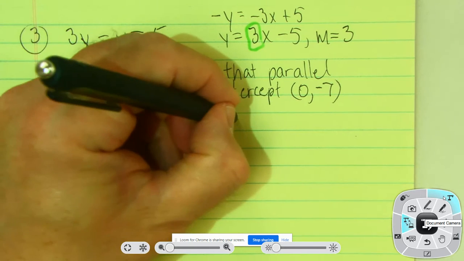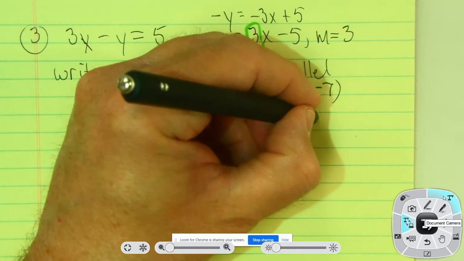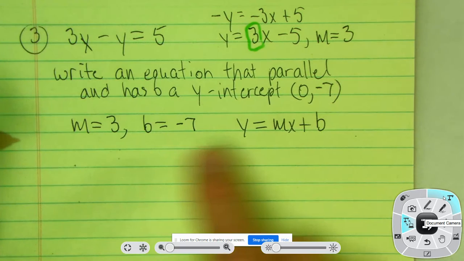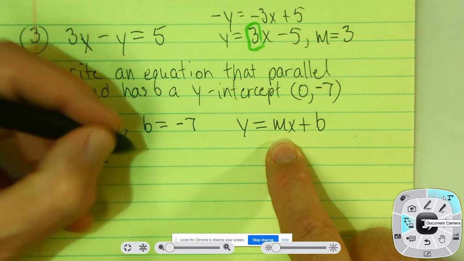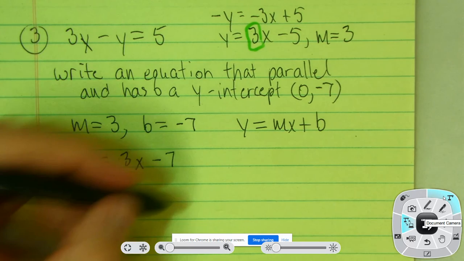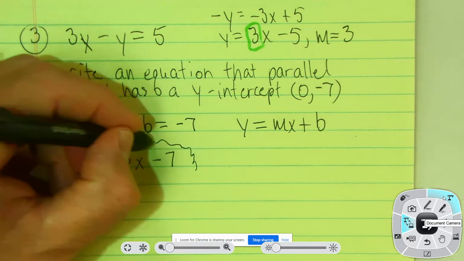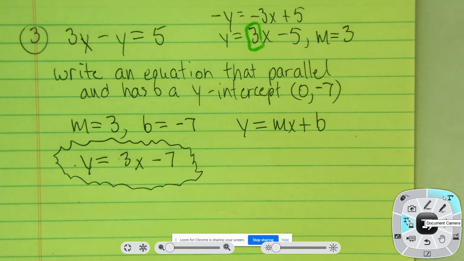So all I have to do is use the y equals mx plus b form of the equation, substitute for m and b, so it's going to be y equals 3x. There's my slope, my coefficient of x, minus 7. And that's the equation. And that equation there is parallel to the equation I started with and has a y-intercept of -7.